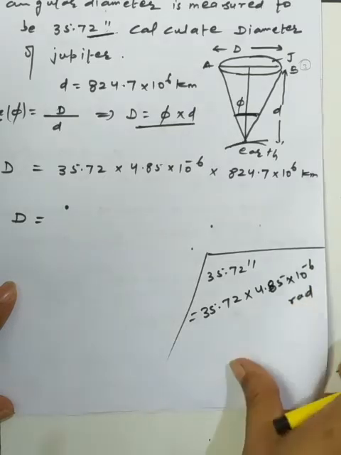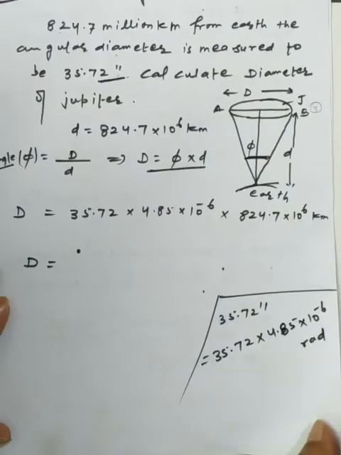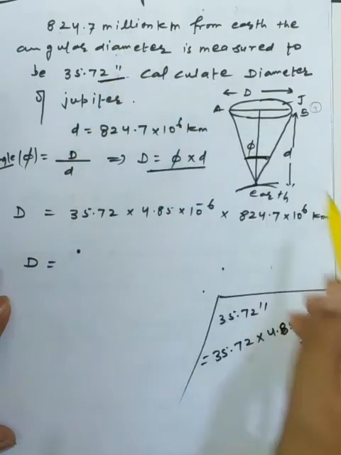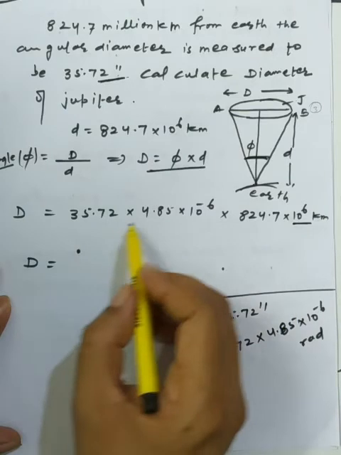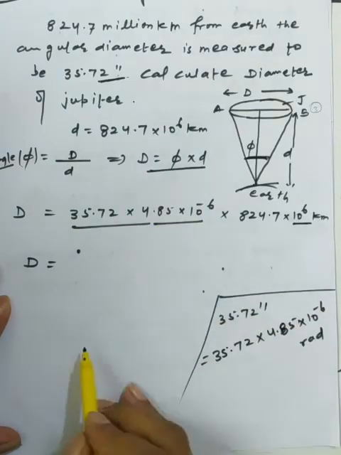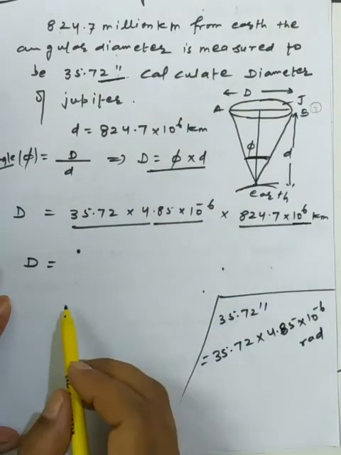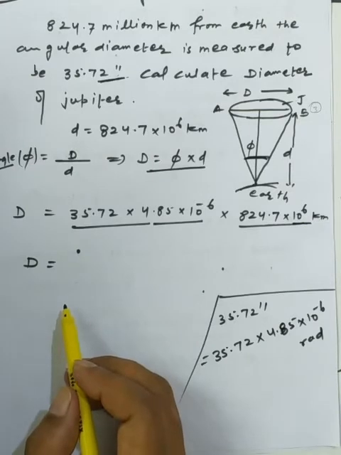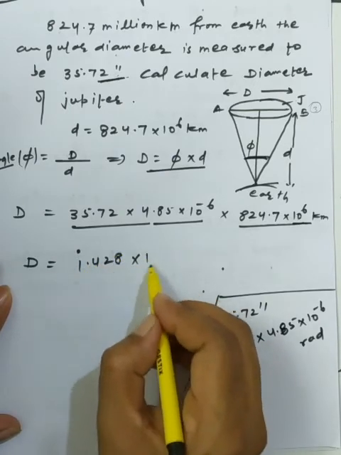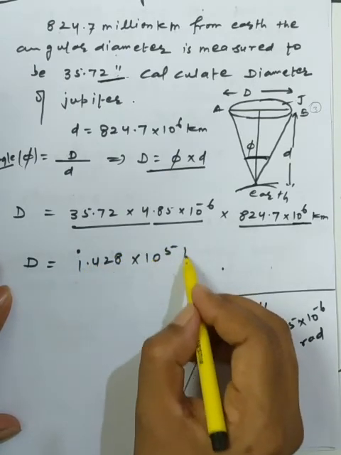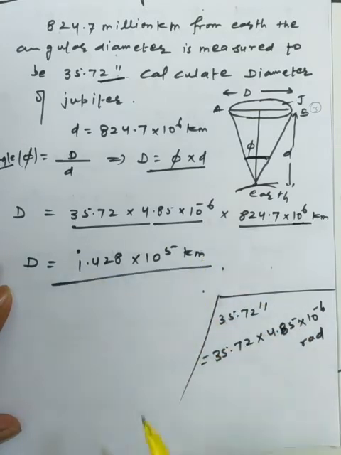It is a simple conversion of the angle, and we also have to convert the million, so I am writing million as 10^6. We put this value of radian and the distance in kilometer, and when we solve it we get 1.428 × 10^5 kilometer, or you can change it into meter, your choice.